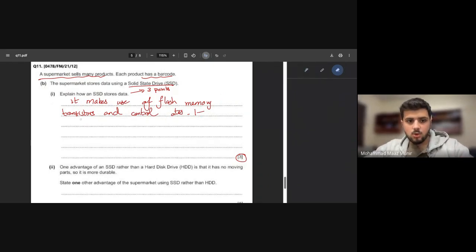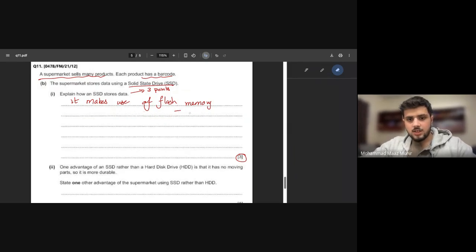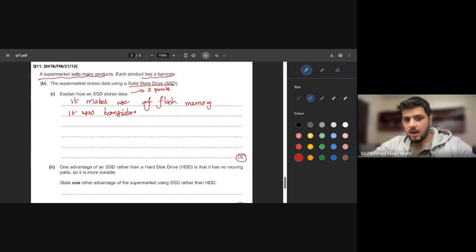Your point number 1 is that it makes use of flash memory. It uses transistors and control gates, and these gates and transistors are used to control the flow of electrons.